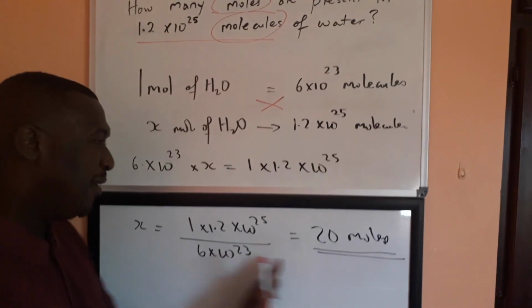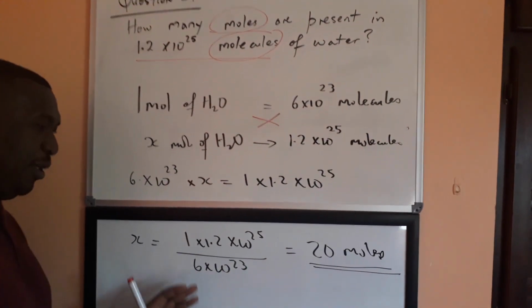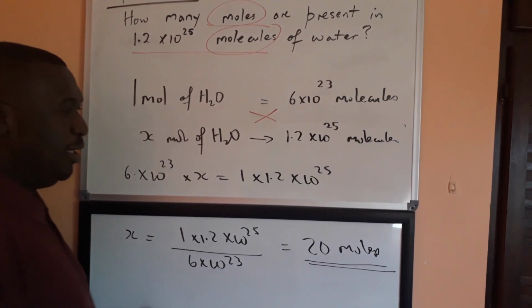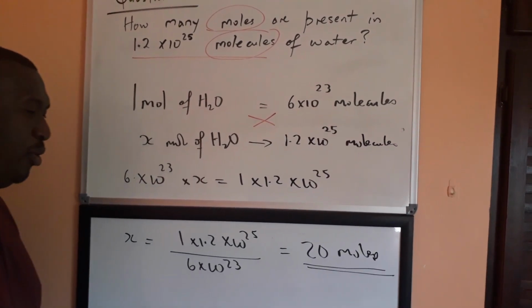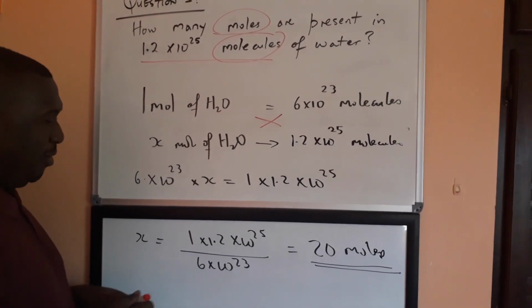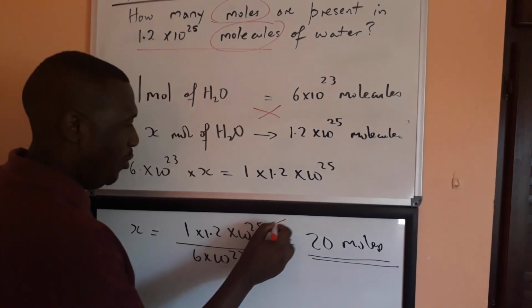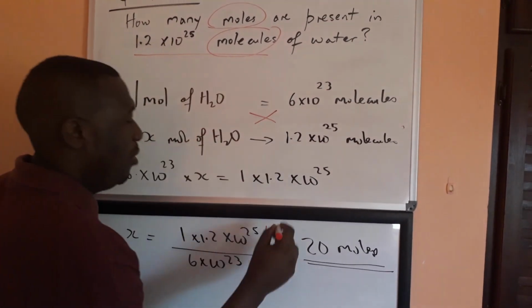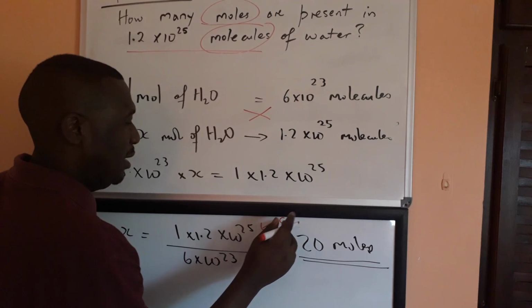Now, if I look at this carefully, I can see that what I have done, essentially, I have used a formula without knowing it. In fact, I can derive the formula from this. Because if I look carefully, what was this? This number was the given number of molecules, wasn't it?